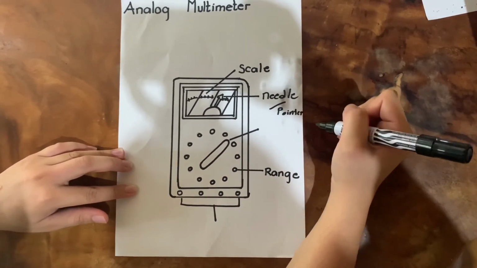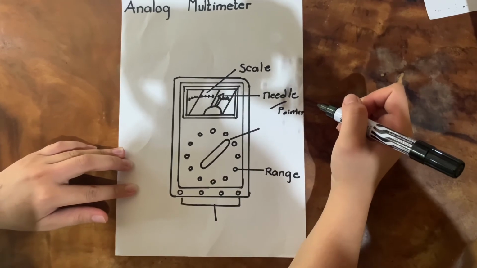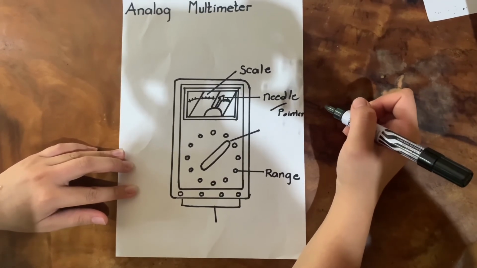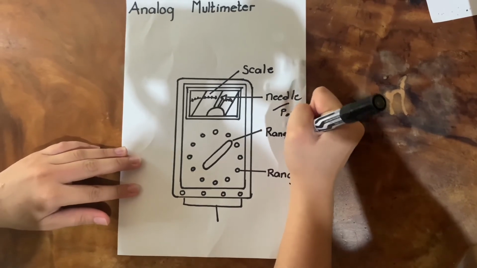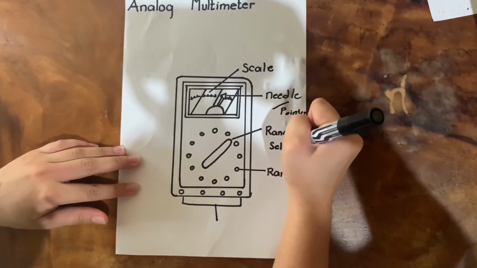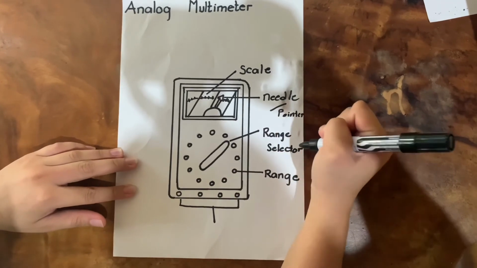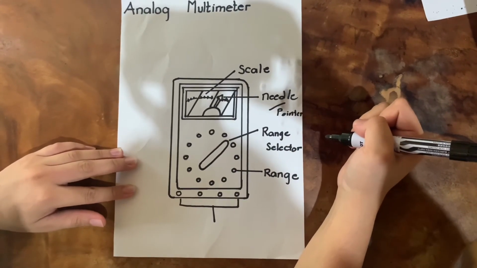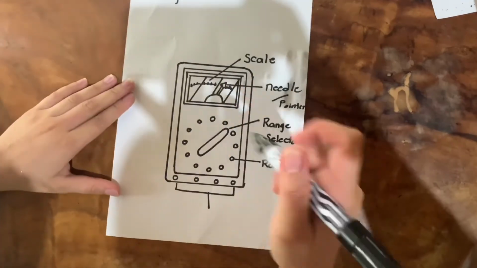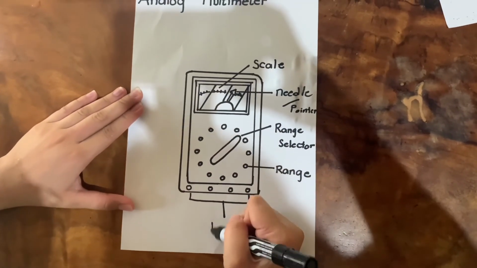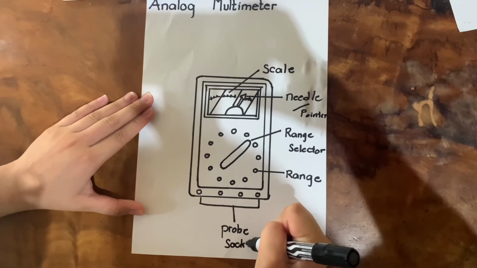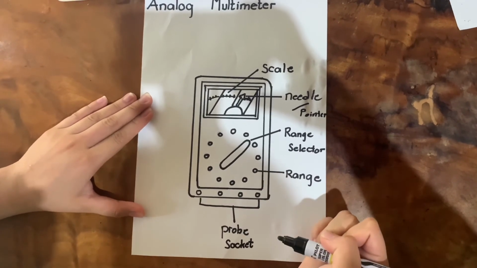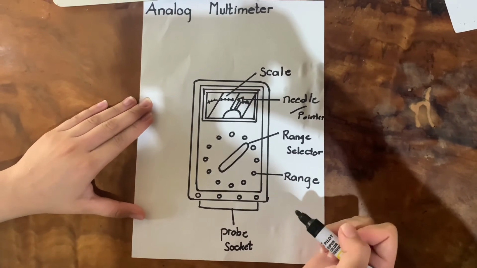This is where you can select what you're going to measure, whether it is current, voltage, or resistance. Then this is the range selector, the control where you can select the range to be used. This section is the probe socket, where you can connect the positive and negative probes.